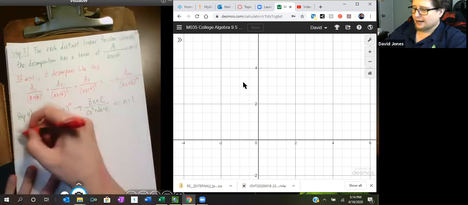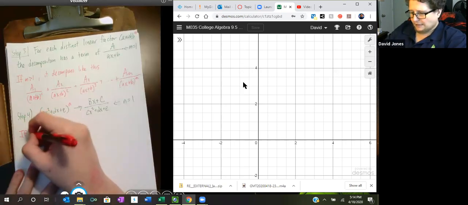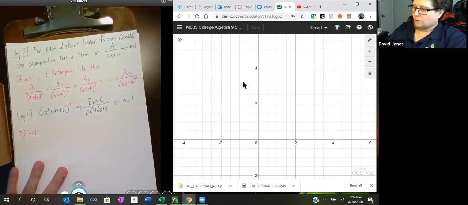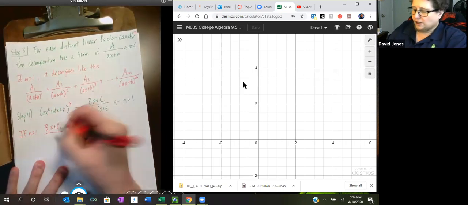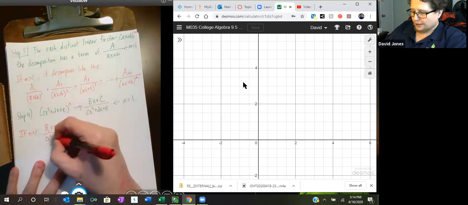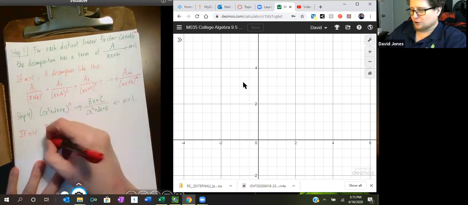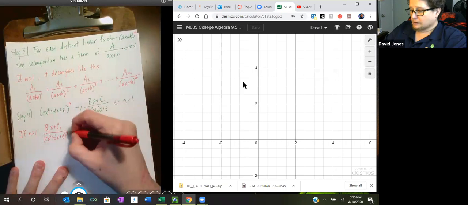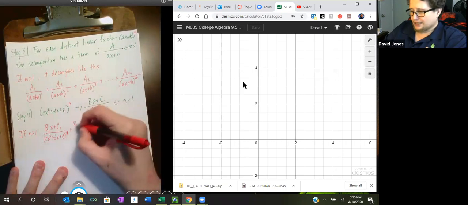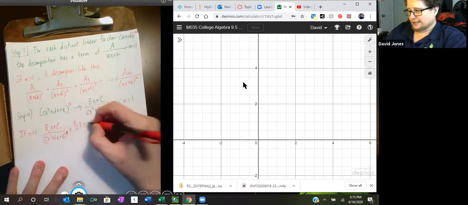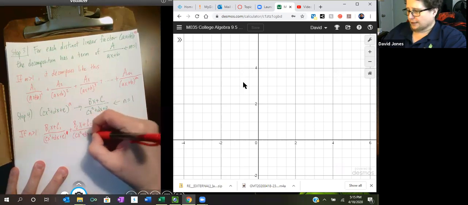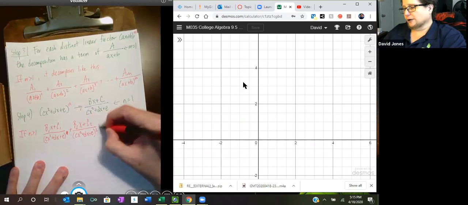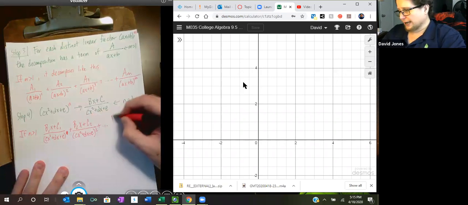If n is greater than 1, we will have like b1 x plus c1 over cx squared plus dx plus e to the first power plus b2 x plus c2 over cx squared plus dx plus e to the second power, and this goes up to n terms.